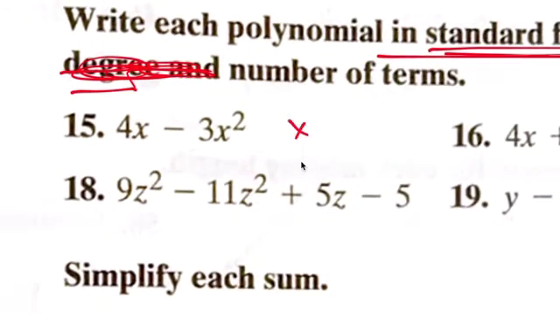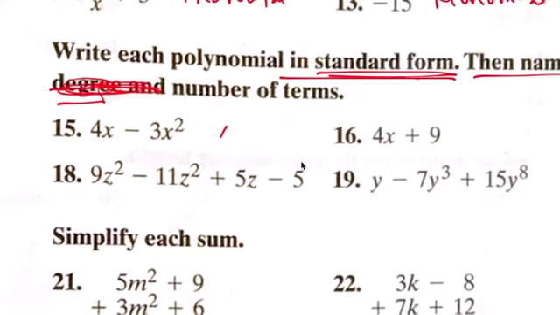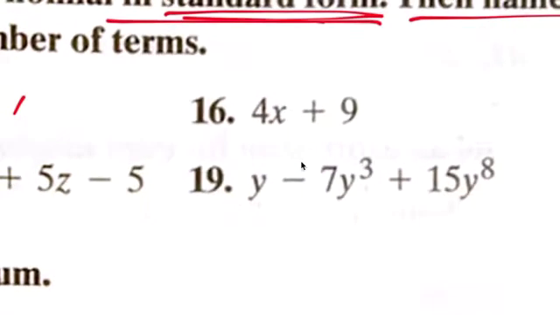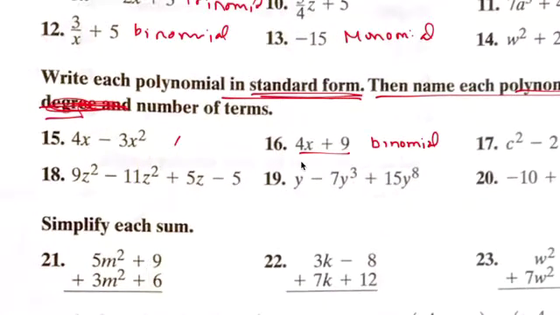So this is x, 3x squared. Oh, even numbers. Okay, this is already in standard form. So it's called binomial. So copy it again on paper, because you're supposed to do this on paper. So copy it and leave it like that.